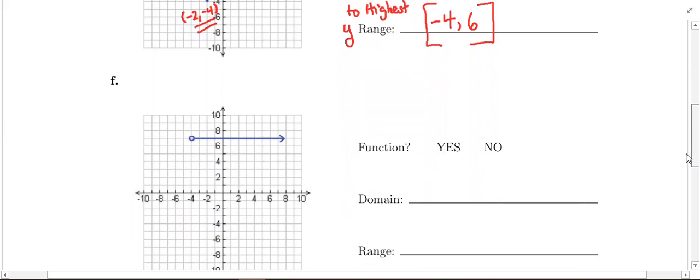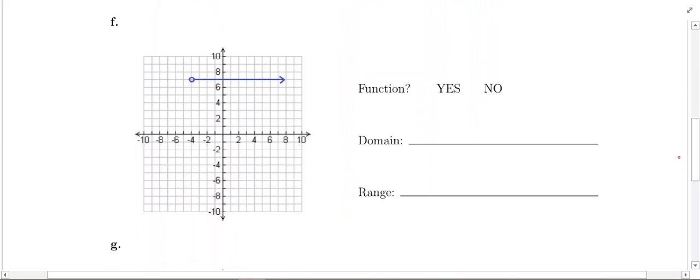All right, going on to example F. Let's go ahead and figure out whether or not this represents a function. So we're just going to draw our vertical lines, okay? And it's pretty easy to see that this particular graph is going to pass the vertical line test. Again, if we drew one of our vertical lines through the open circle right here, that is not a problem because that open circle is not part of the graph.